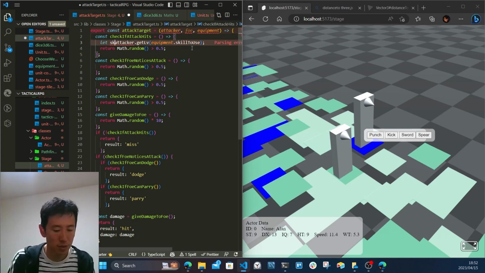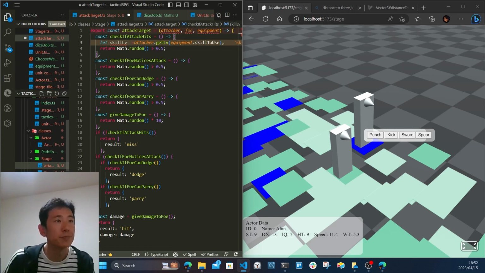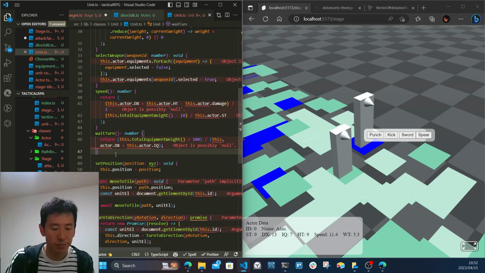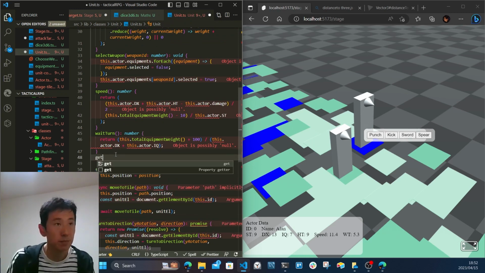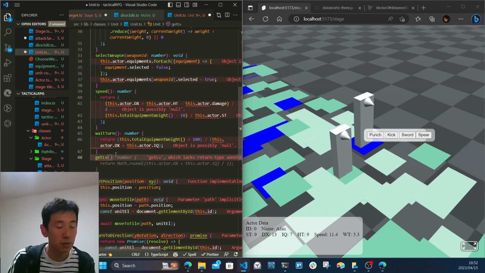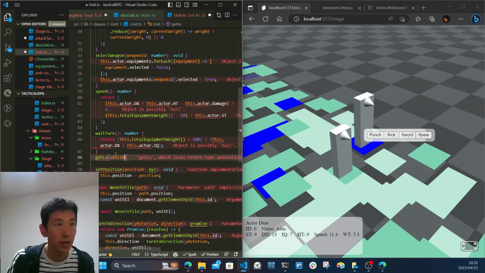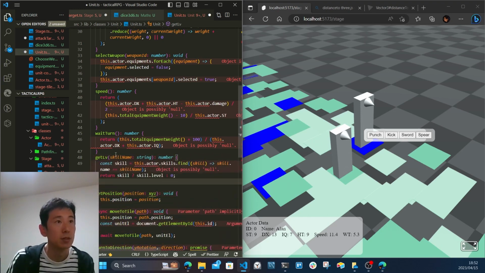Get skill level of the attacker. Sorry, get level. So unit get level. Skill name is a string, and the result is a number.